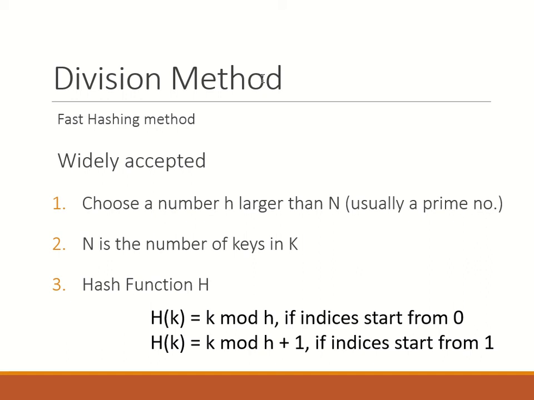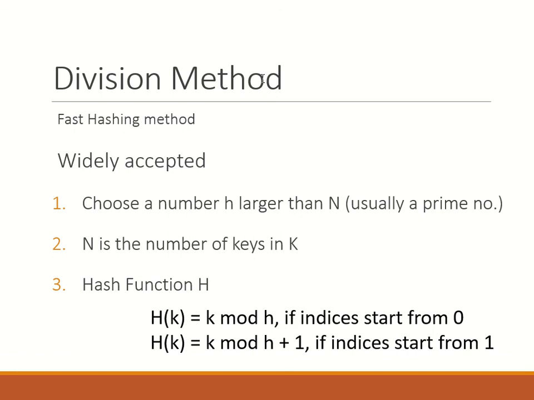Then the division method, or the fast hashing method, is the widely accepted and commonly used hashing method, which we have seen: modulus table size. Choose a number h which is larger than n, usually a prime number. If you have to store n keys, you choose a prime number greater than n but closely related to n, where n is the number of keys in the available set.